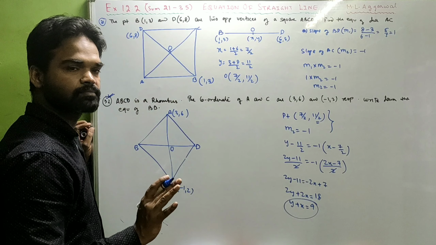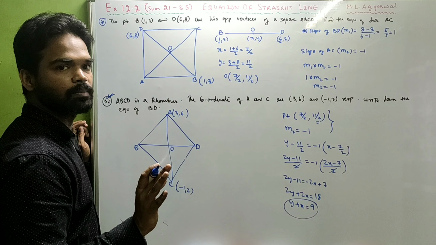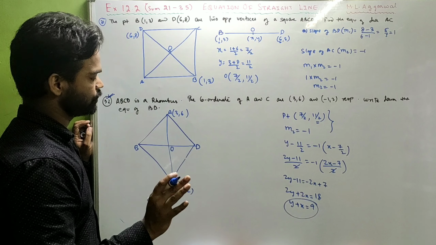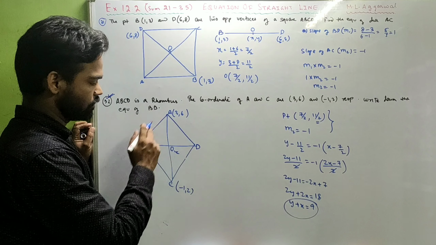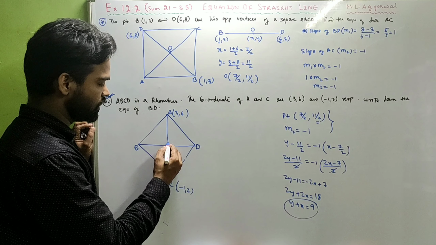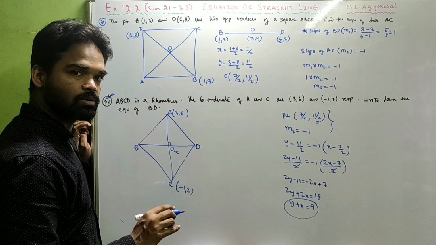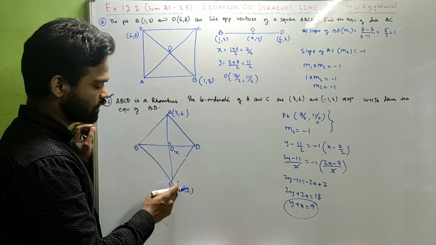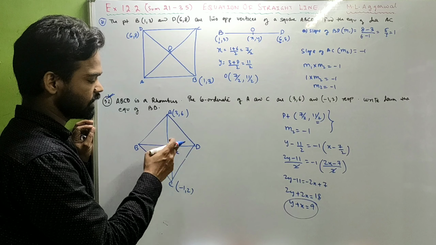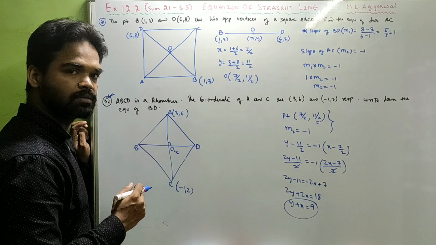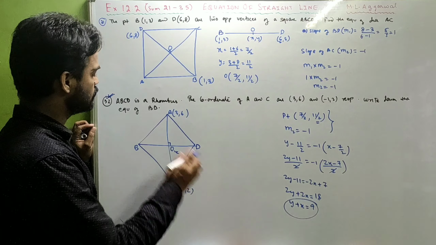Similar pattern, an exact replica of 31. Find the coordinate of O. We know BD and AC are perpendicular and they bisect each other also. So O is the midpoint of AC, so you'll get the coordinate of O. They are perpendicular, so you can get the slope of AC and the slope of BD, and then the same way. Try it on your own.